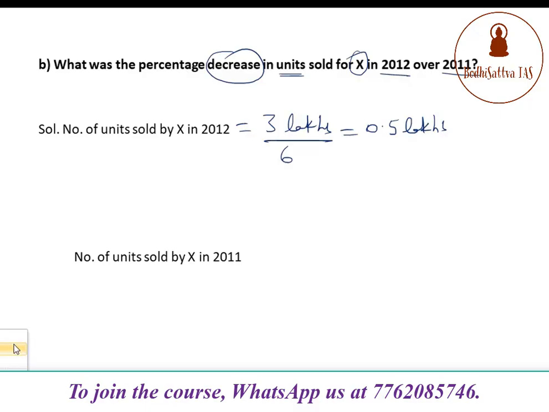So again the sales was 3 lakhs only, but the unit price was rupees 5. So from here we will get 0.6 lakhs. So company X sold 0.6 lakhs units of soap in 2011 and 0.5 lakhs units in 2012.